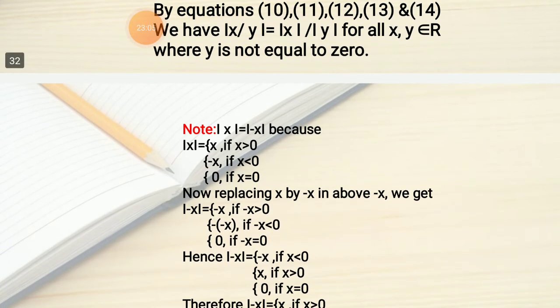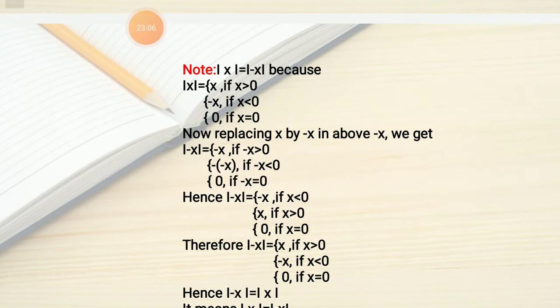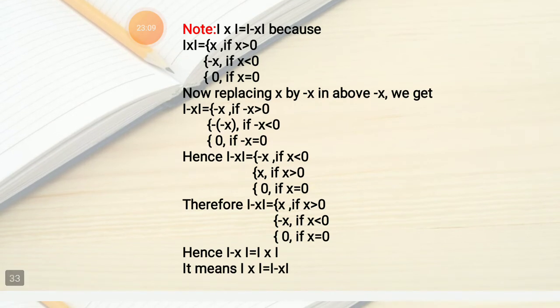We have a simple note: mod x is equal to mod of minus x, because mod x equals x if x is positive, minus x if x is negative, 0 if x equals 0. Replace x by minus x in the above. We get mod of minus x equal to minus x if minus x is positive, minus of minus x if minus x is negative, 0 if minus x equals 0.